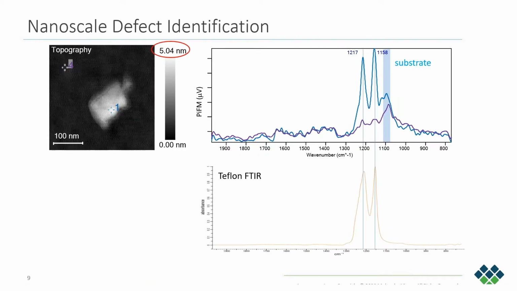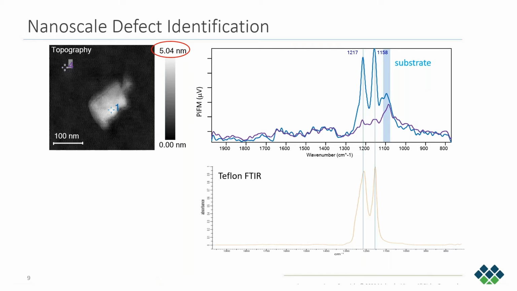So here, because PIFM has nanoscale spatial resolution and very good sensitivity, we have a defect that is only about 100 nanometers in lateral dimension and less than 5 nanometers thick. You can see the full Z scale on the right, in the red circle.